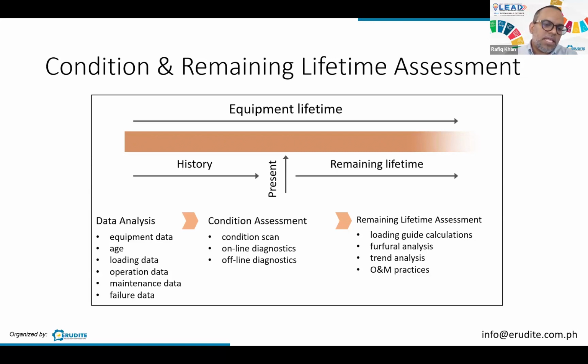Failure data is something that I like to stress here, because my focus is in failure investigations, and failure investigation is a powerful tool to understand also the current situation.